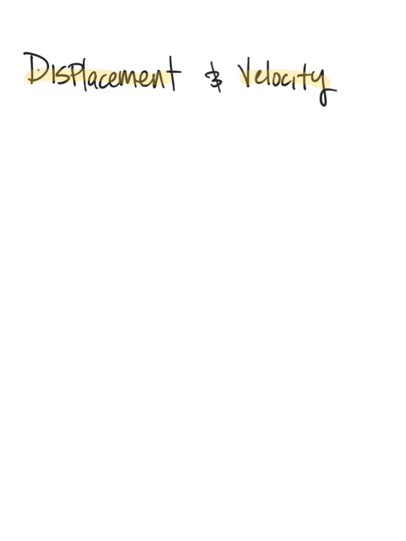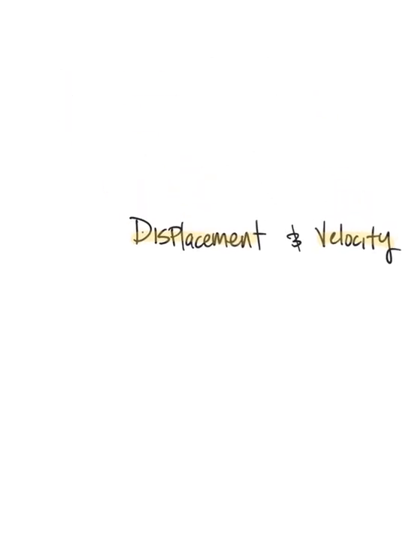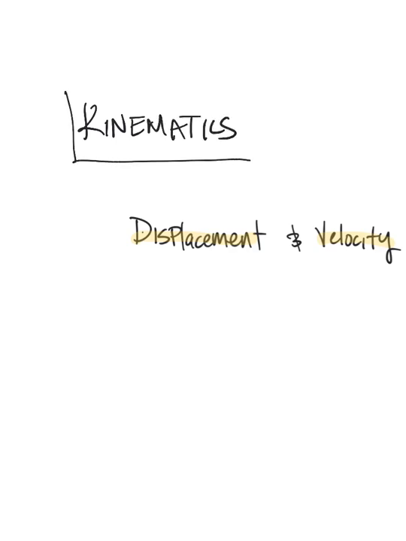Before I do, though, it might be worth zooming out for a minute and noting that all of this is under the broader heading of something called kinematics. Kinematics is a fancy physics term for the study of moving objects.